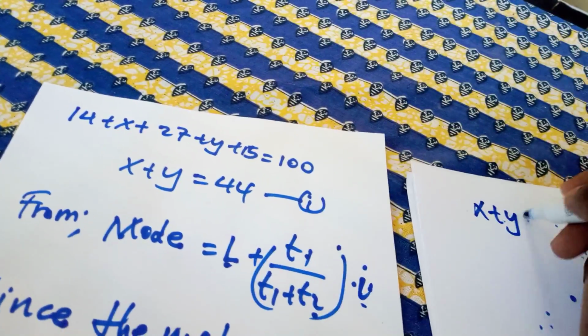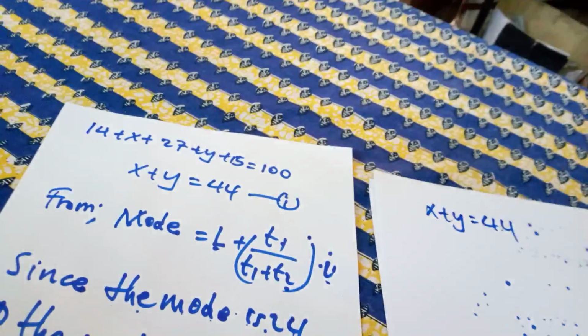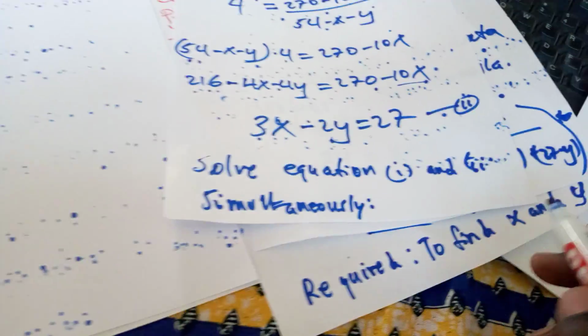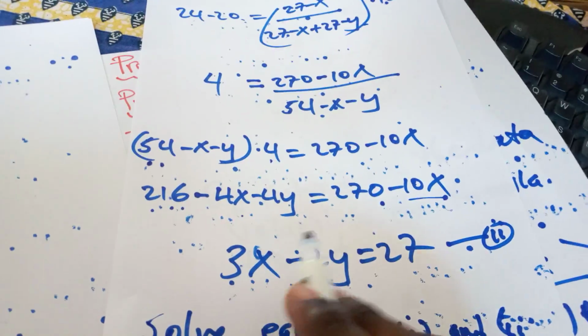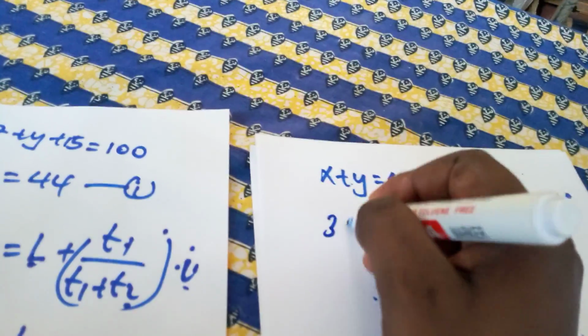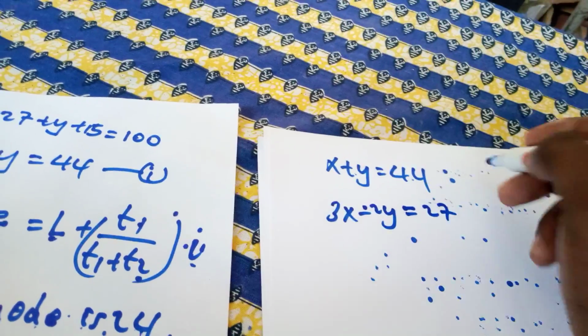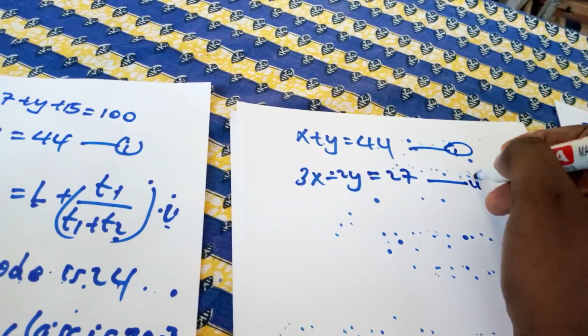Equation 1 is x plus y equals 44, and equation 2 is 3x minus 2y equals 27.